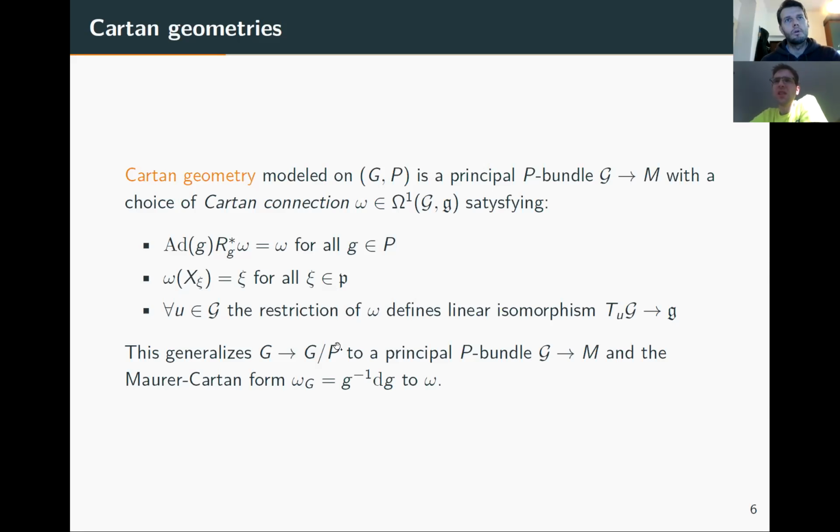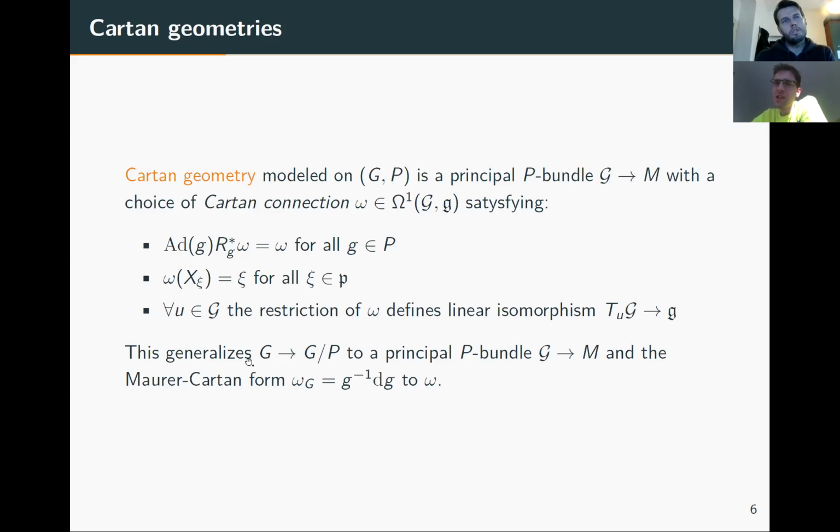You have a P principal bundle, so each fiber is diffeomorphic to P, and if you pick a direction in P, you can define a vector field using the action on the fiber. So this vector field is in the fiber-wise directions, and this just says that if you plug it into this one form, you get the original starting vector for this vector field. So it just reproduces the vectors of fundamental vector fields for the P directions.